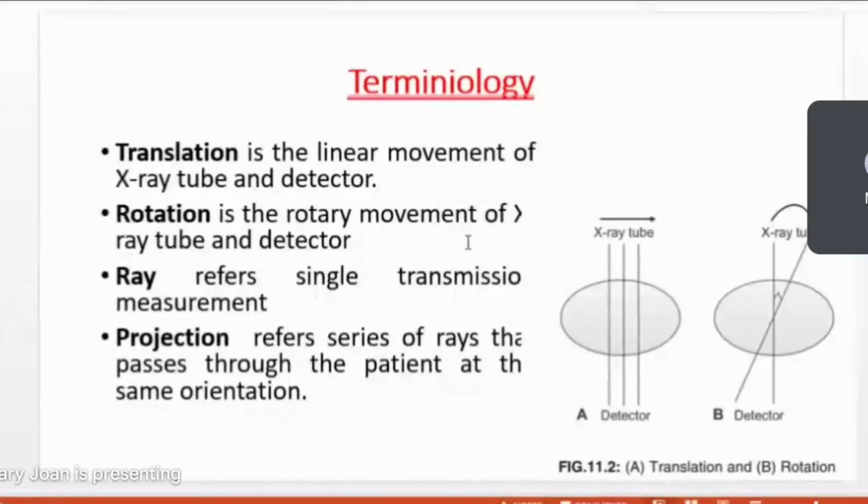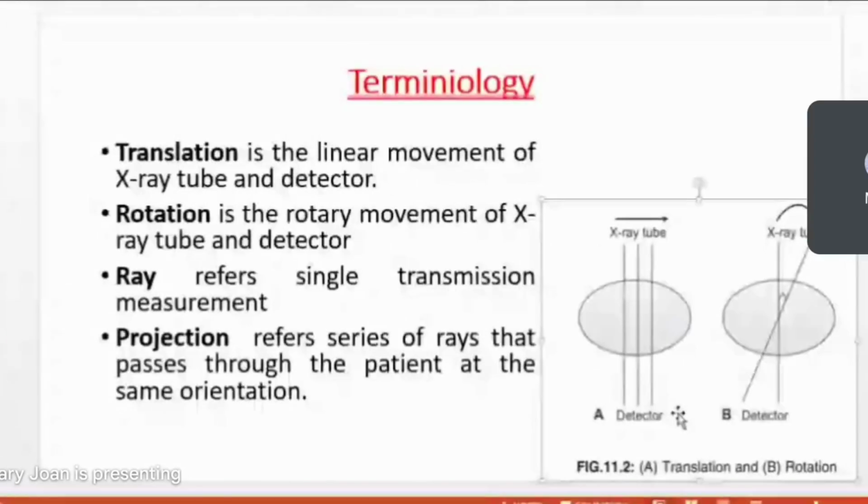Coming to the terminologies, different terminologies will come across. Translation is the linear movement of the X-ray tube and detector. Rotation is the rotatory movement of the X-ray tube and detector. A ray refers to a single transmission measurement, and a projection refers to a series of X-rays that pass through the patient at the same orientation.